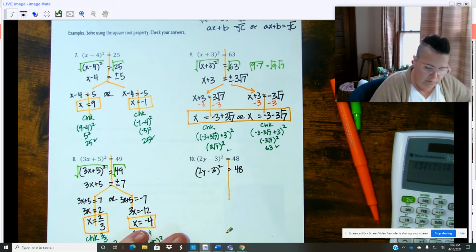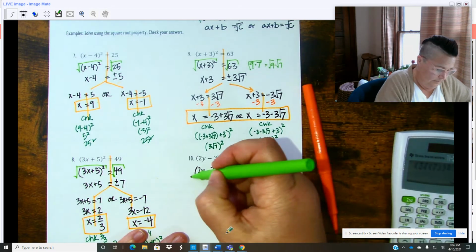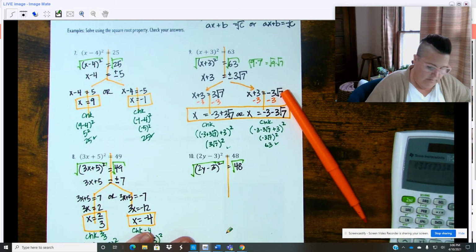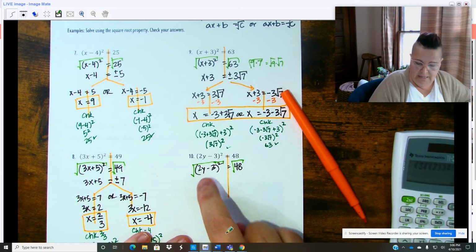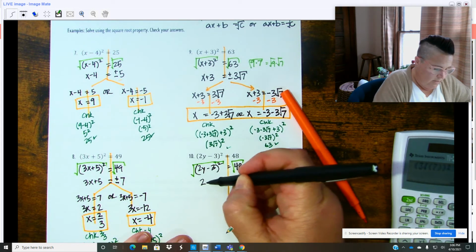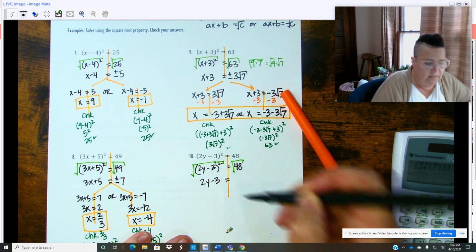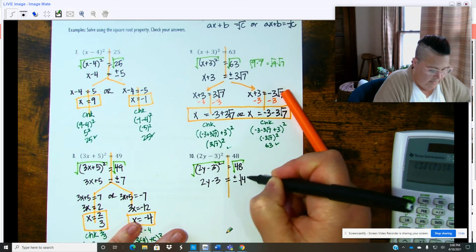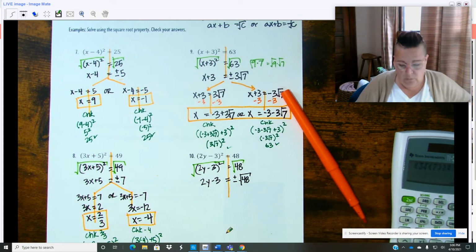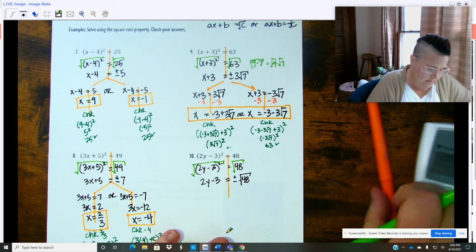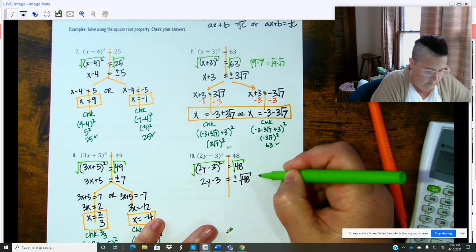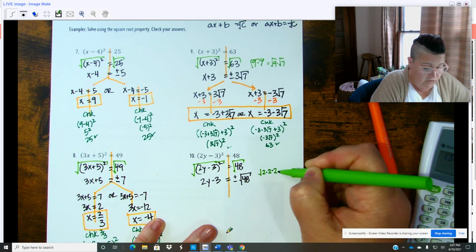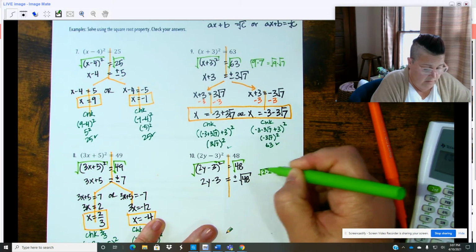I'm going to take the square root on both sides. So the squared and the square root are going to cancel each other out, leaving what's underneath. 2y minus 3 is equal to the positive or negative square root of 48. 48, that's going to be the square root of 2 times 24, which is 2 times 12, which is 2 times 6, which is 2 times 3.